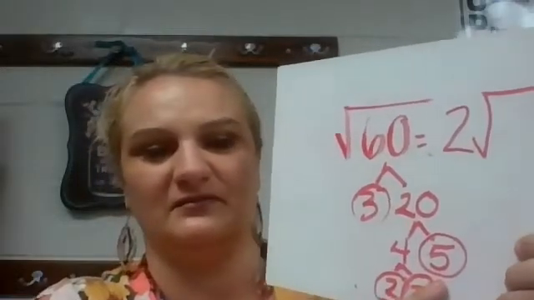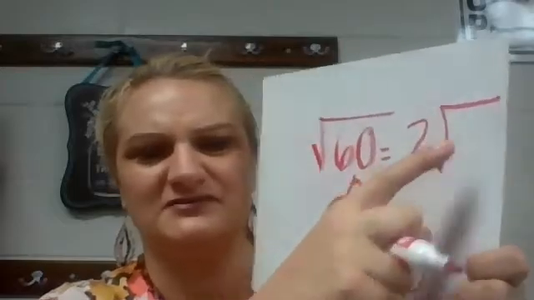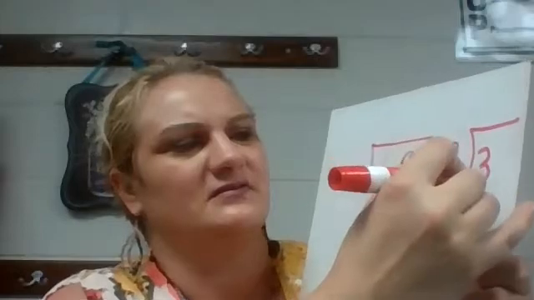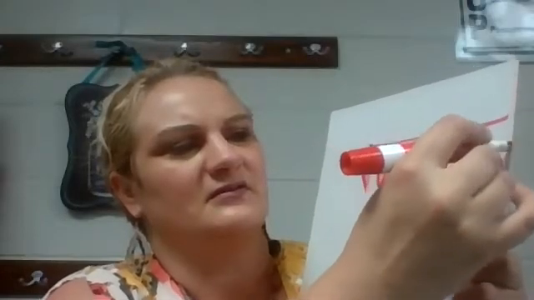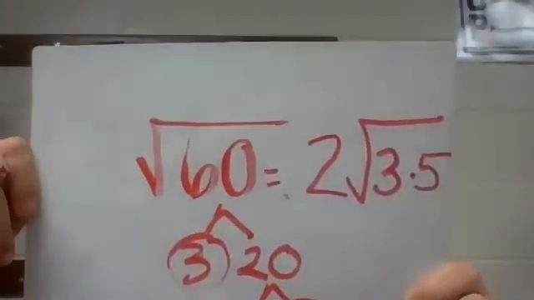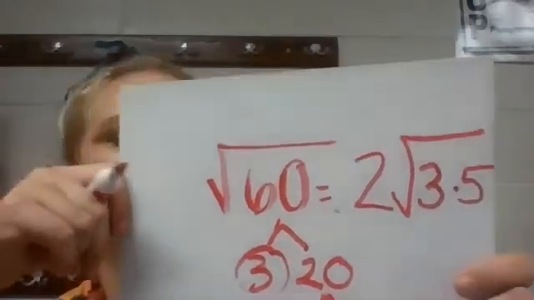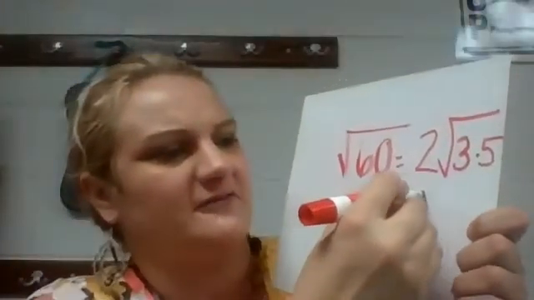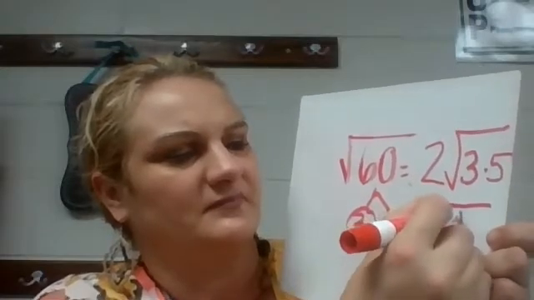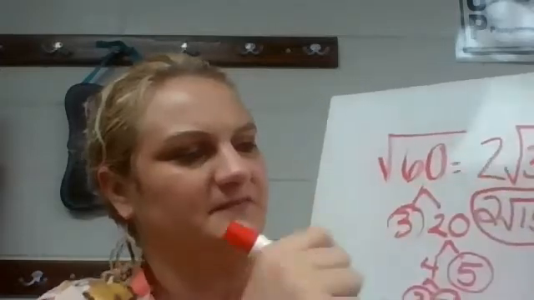Do they have a date? No, they're lonely, right? They go inside the house, but we have to multiply them together. Okay, so now we have 2 square roots of what? 15, good job. And then that would be our answer.